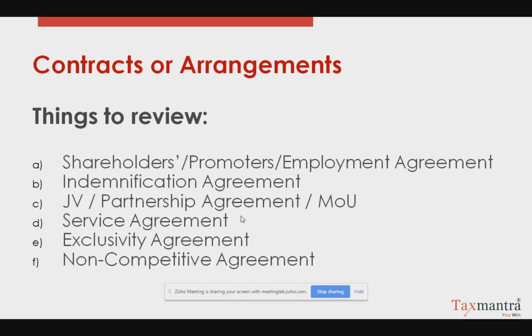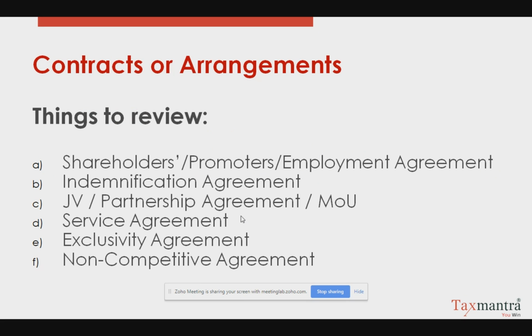In that case, the investors who thought that they would put in the money and the company would work in certain areas would find that the company, by virtue of signing the exclusivity agreement, would not be able to execute those things. And in that case, it would be a big loss for the investors. So again, the exclusivity agreement is a very important agreement that should be checked by the investors.